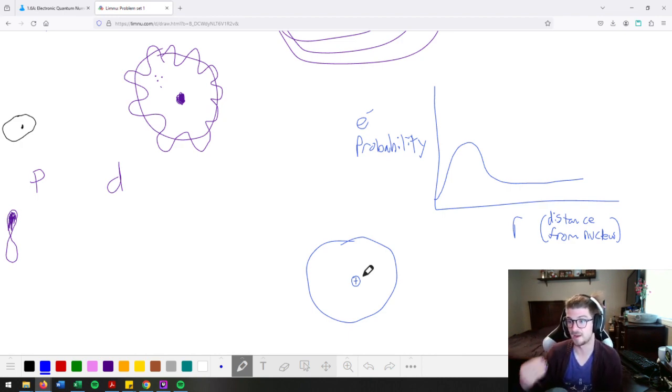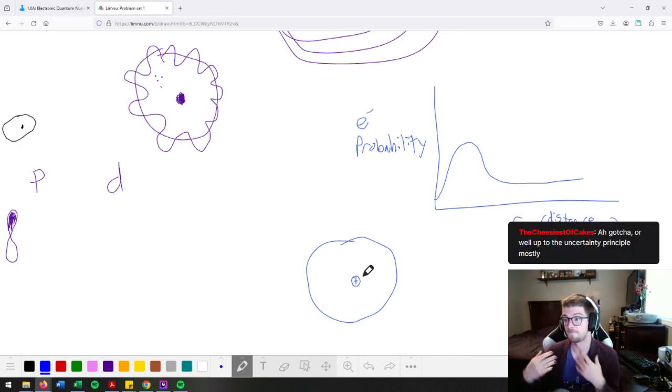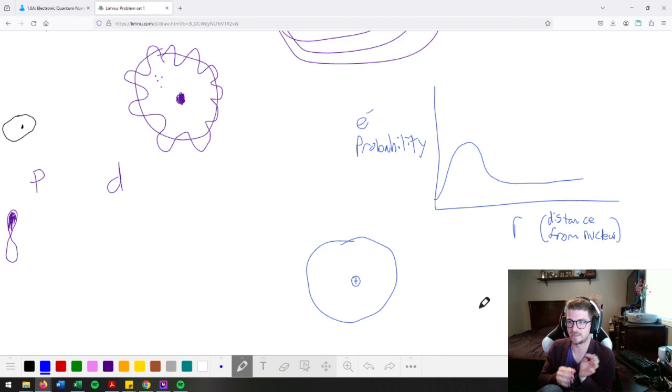Here's an application of the Heisenberg uncertainty principle. I can't remember the mathematical formula for it, so I'm not going to worry about that. But the Heisenberg uncertainty principle essentially says that the more precisely you know the position of a particle, any very tiny particle that operates under quantum physics, the more uncertainty you get in its momentum.